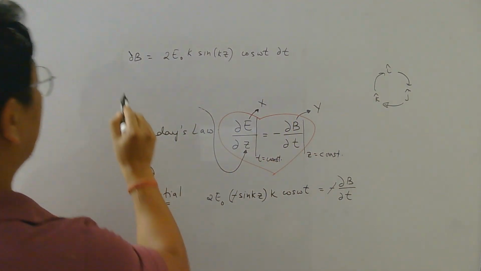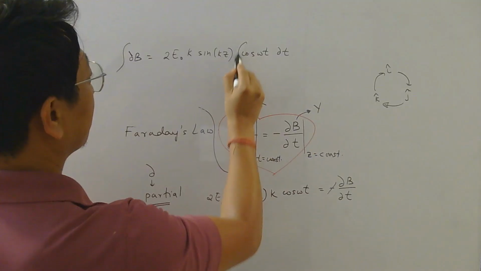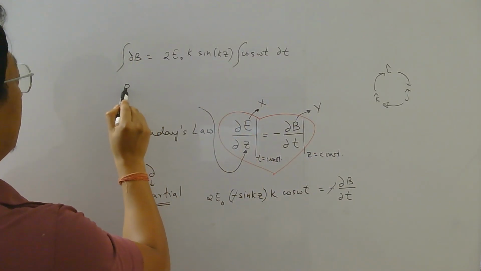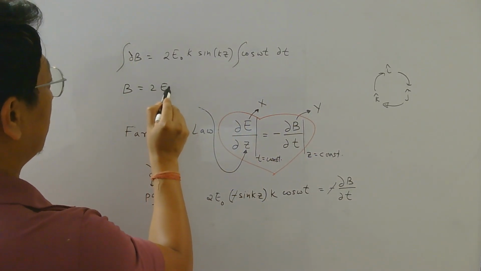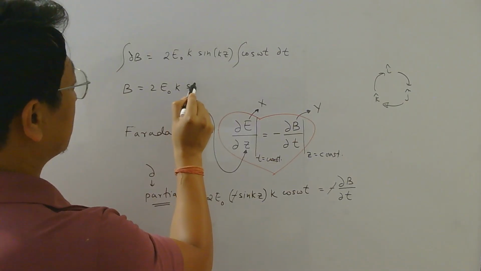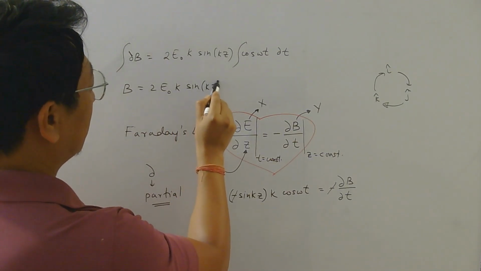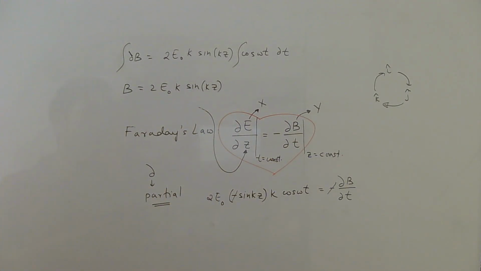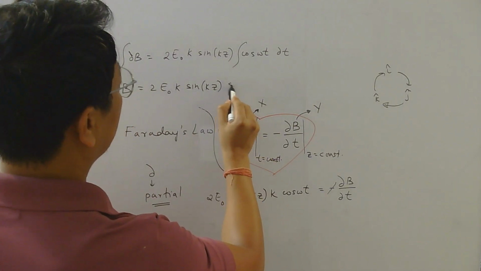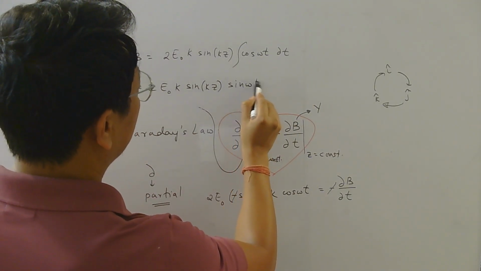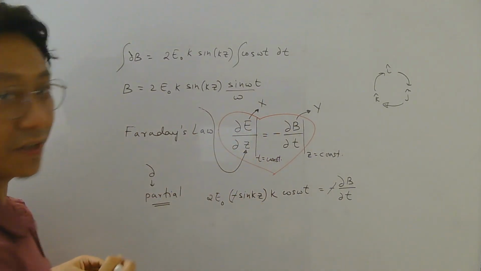So now we integrate both sides. The integral of dB will give you B, equal to 2 E naught k sin kz, and if you do the integral of cos omega t, you will get sin omega t by omega, isn't it?